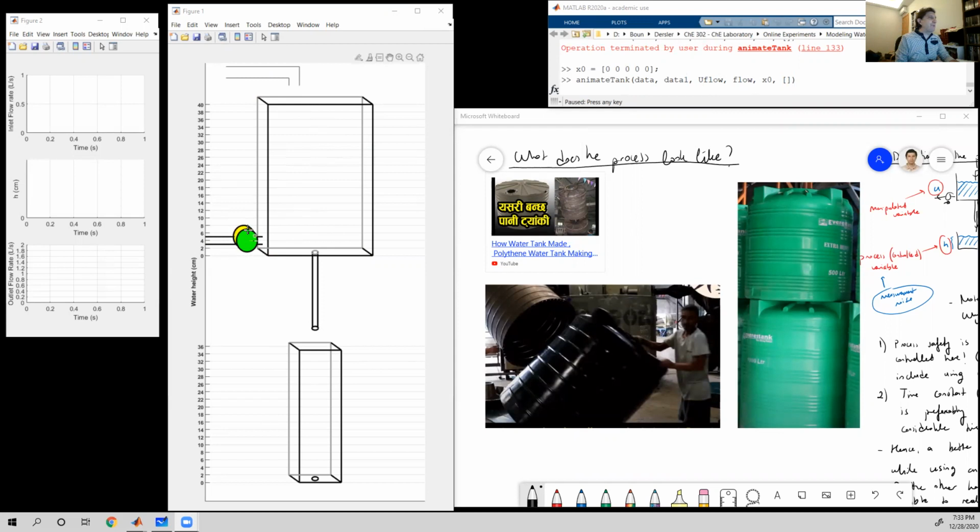This is supposed to be a pump, so the pump will be off until a height of 5 centimeters is reached. And then after we reach 5 centimeters, the pump will start displacing water from this tank at a constant flow rate which we are going to determine.